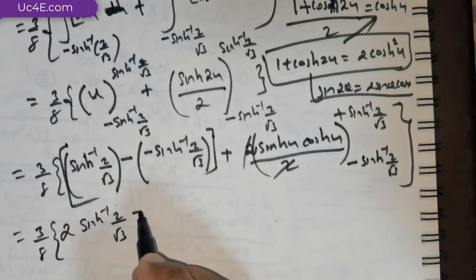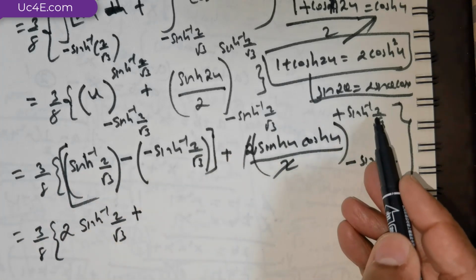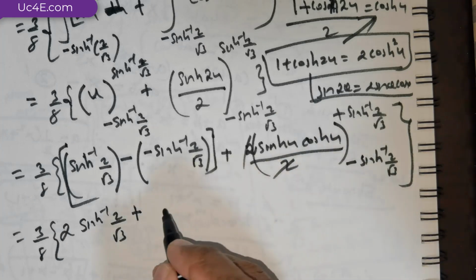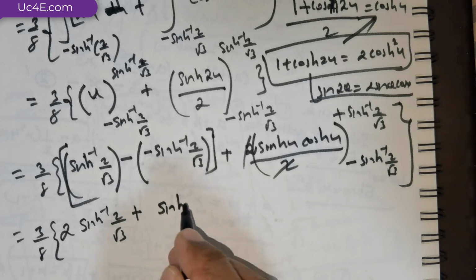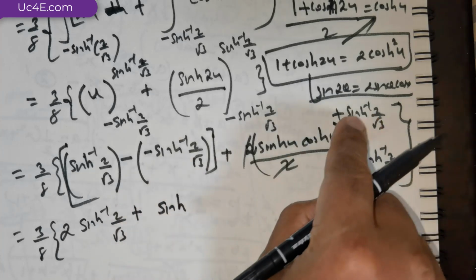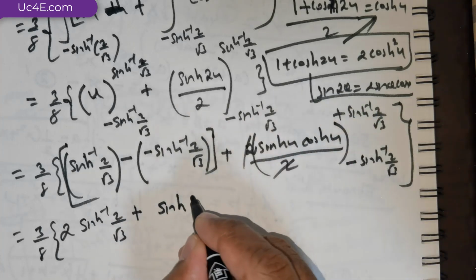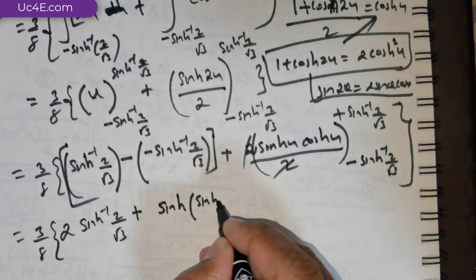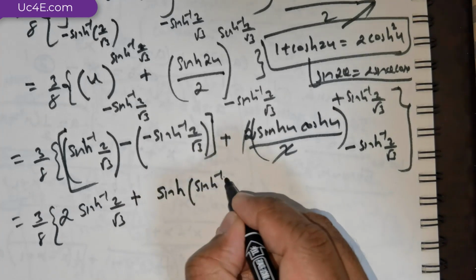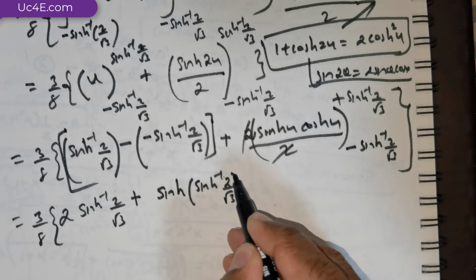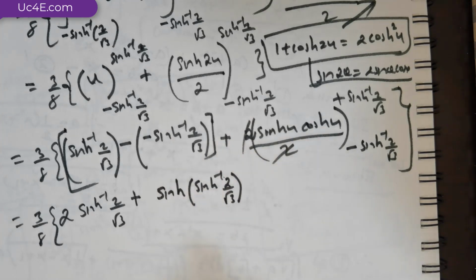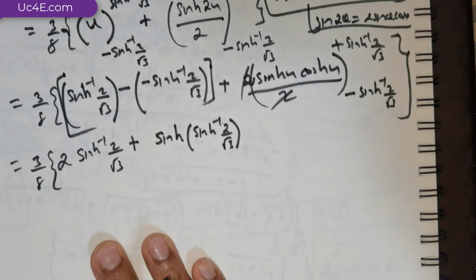Followed by, let me just place the upper limit here. So sin u, in place of u, you have to place sin inverse of 2 over root 3. So that's going to be sin inverse of 2 over root 3, right? Times cos u. Now how do I handle cos u? That's an important question, right?